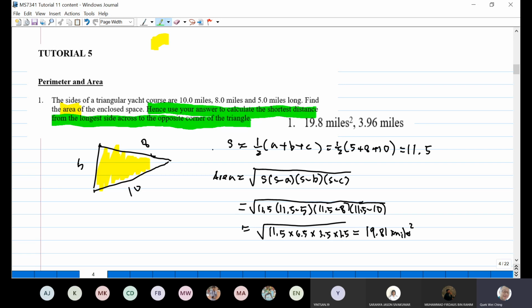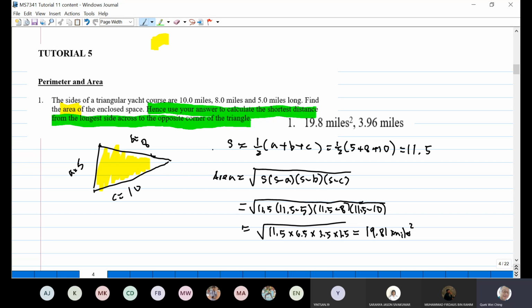So the longer side is actually 10. Okay, you can see here, longer side is actually 10. A is 5, B is 8 here. Then what you want is the shorter distance from the longer side to the opposite corner of the triangle. What does it mean?